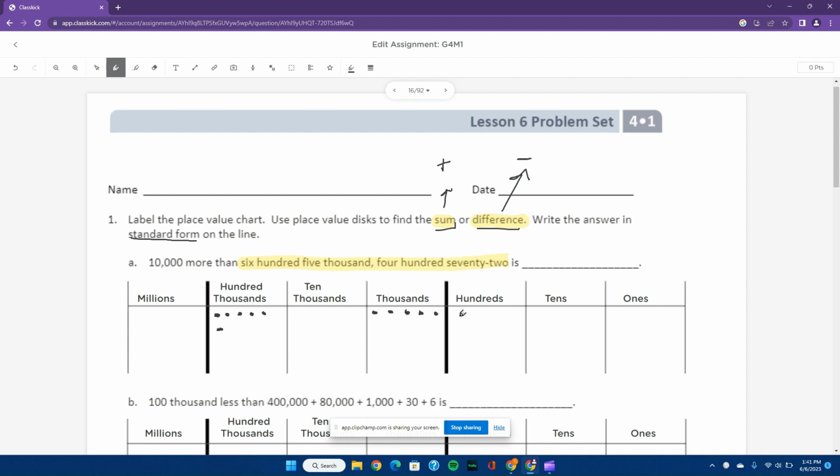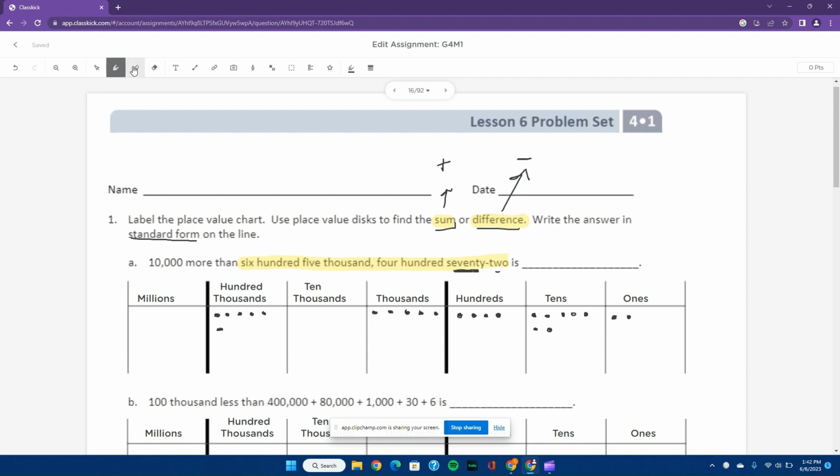So that would be a 4 in the hundreds. 70 means that I have 7 tens. And 2 means 2 ones.